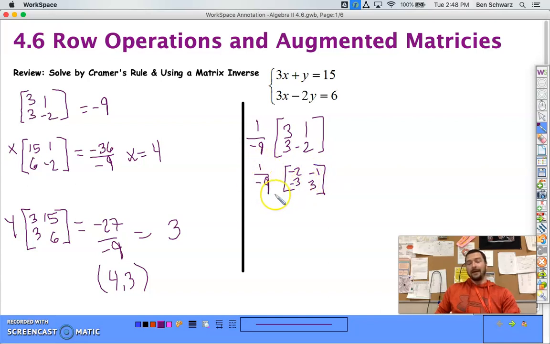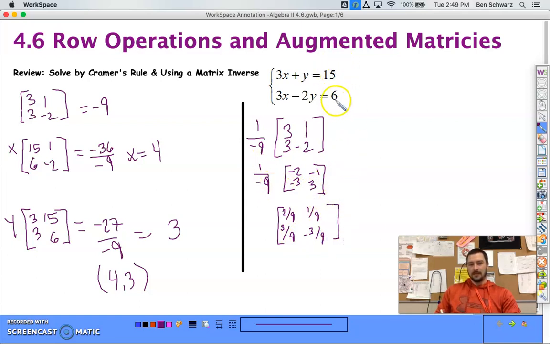So -1/9 of those, so that would give us 2/9. -1/9 times -1 is +1/9. And then times -3, so 3/9. And 1 over -9 times 3, so -3 over 9.